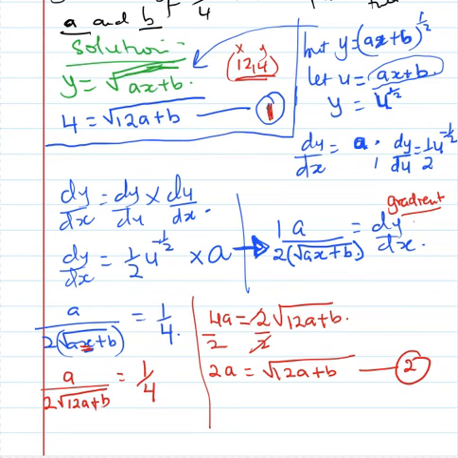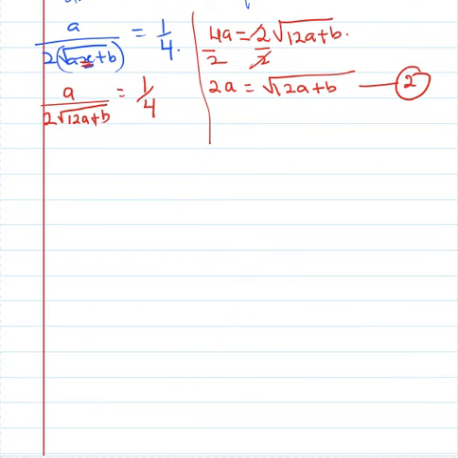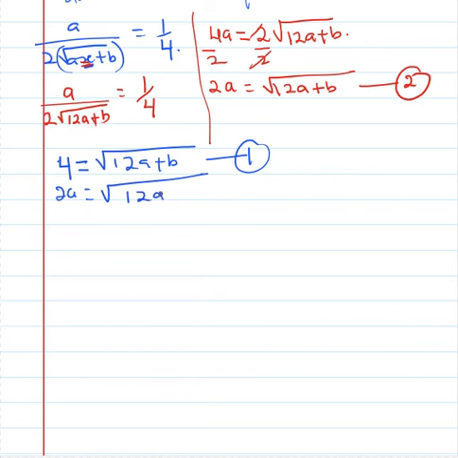Remember, we have equation 1 here and equation 2 here, so we can solve both simultaneously to get the values of a and b. So 4 equals root (12a plus b) was equation 1, and 2a equals root (12a plus b) is equation 2.